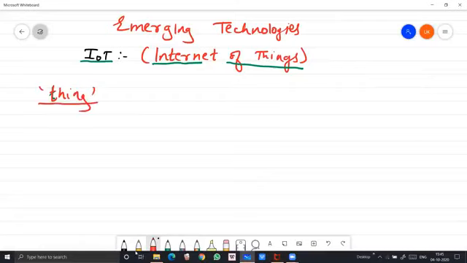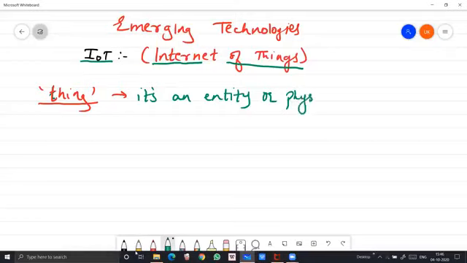A thing in the context of IoT is an entity or physical object that has a unique identifier.